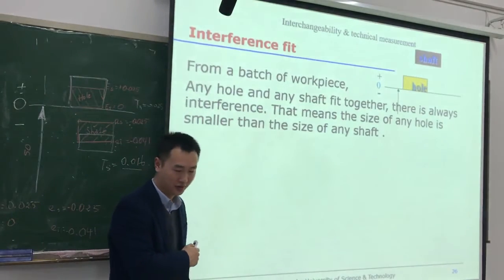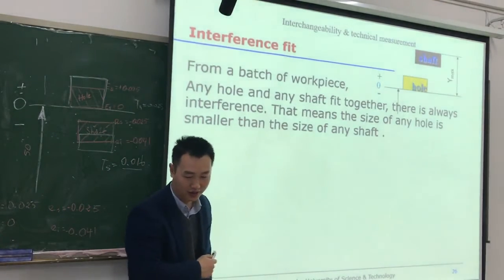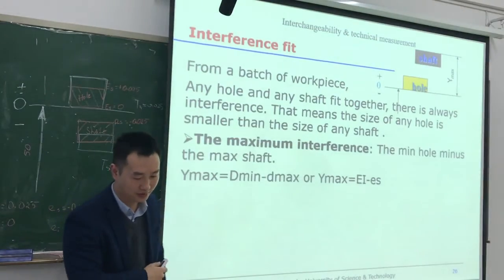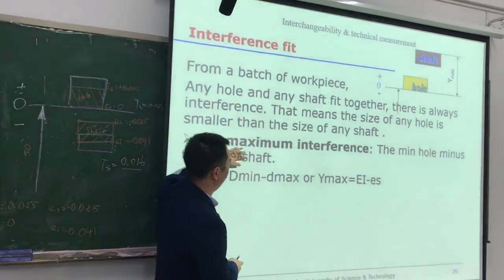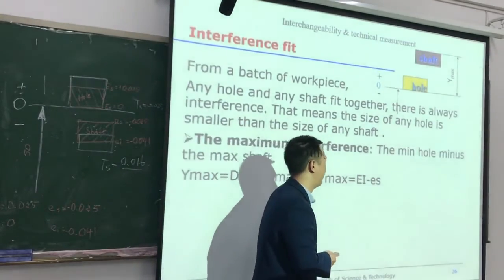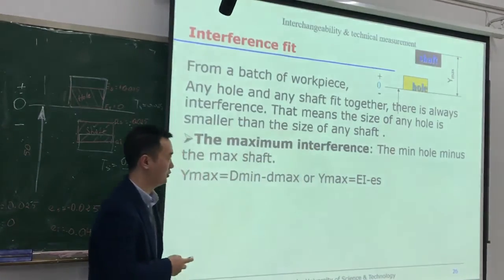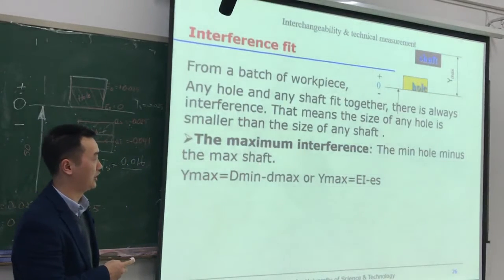You can see that. So this type is the interference fit. We can also calculate the maximum interference. The maximum interference can be calculated by the minimum hole minus the maximum shaft.